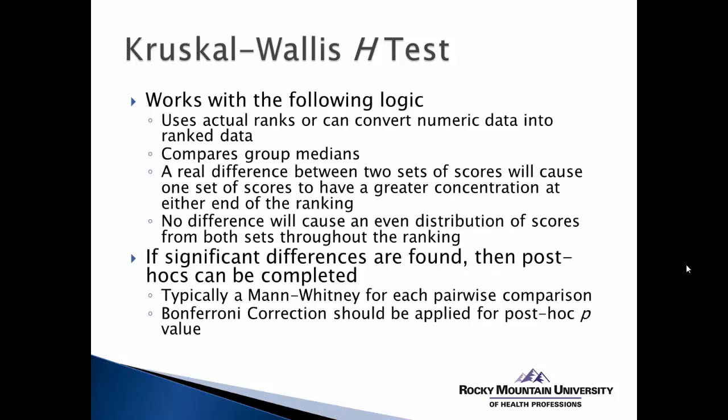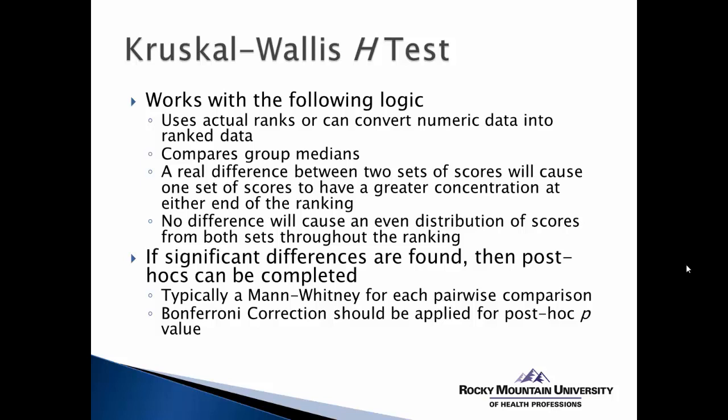to a ranking. So the logic works pretty much the same as the Mann-Whitney U Test does, except now we have more than two groups. And so again, we're comparing group medians and we're using ranked data. And so the formula looks for a difference between the distribution of rankings.